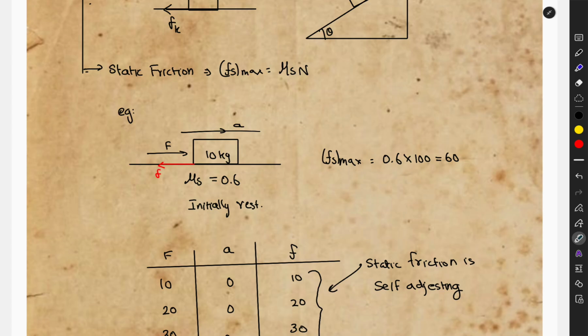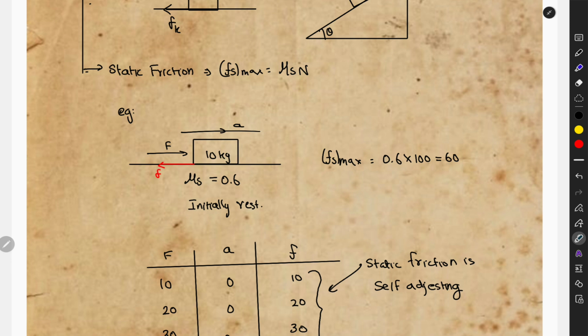So static friction will not be more than that; static friction will not be applicable when the force applied is more than 60 newtons.